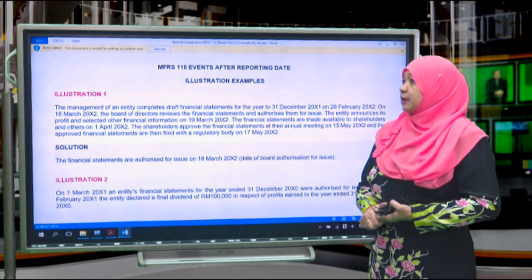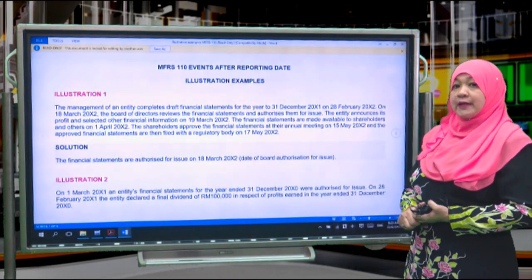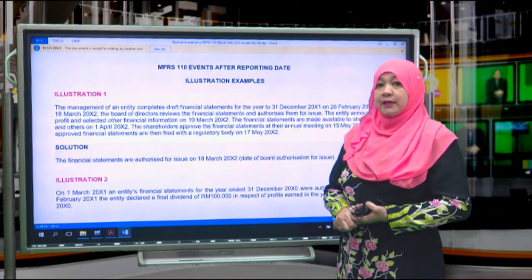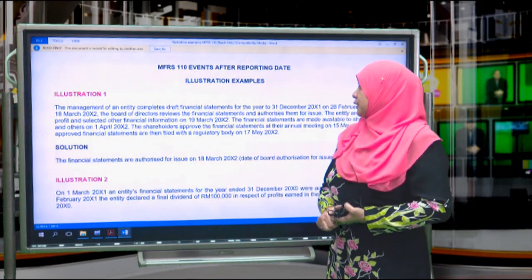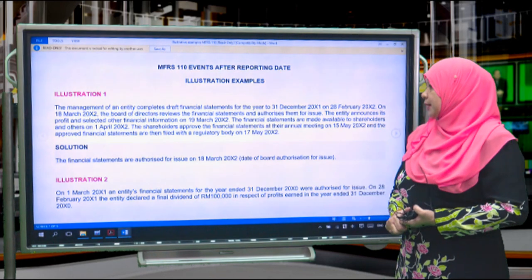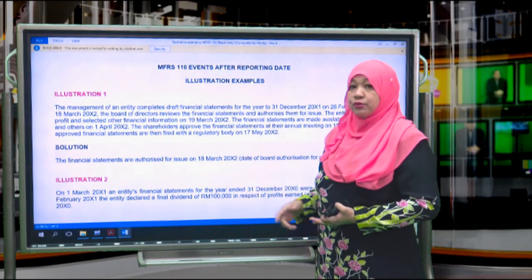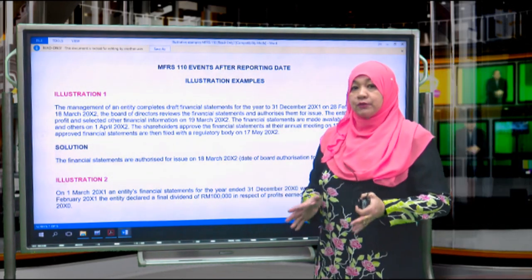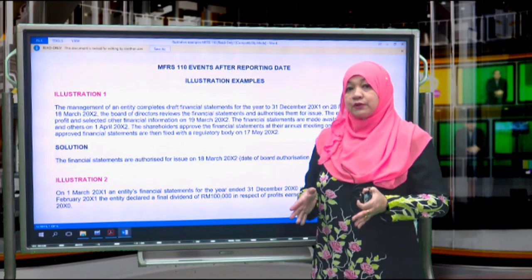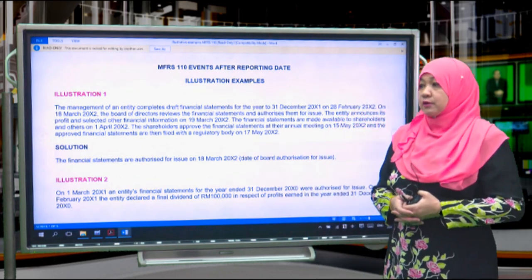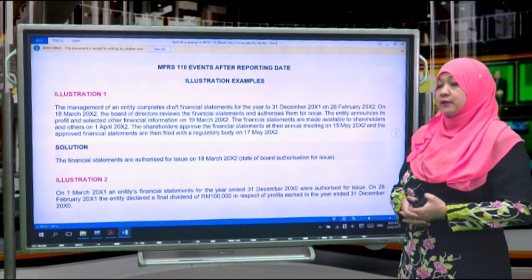Therefore, the period where the events after reporting date may occur would be between 31st December 2001 up to 18 March 2002. Any events occurring within those 3 months are considered as events after reporting date.